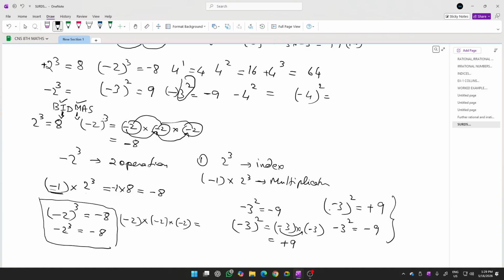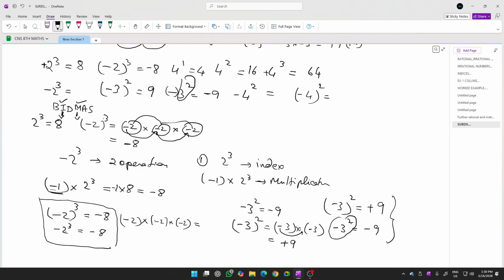How to read this? This will be minus 3 the whole square. When you see the bracket, don't forget to say the word whole square. And when the bracket is not there, don't use the word whole. So if it is like this, minus and this one, how to read this? This you have to read as minus 3 square.